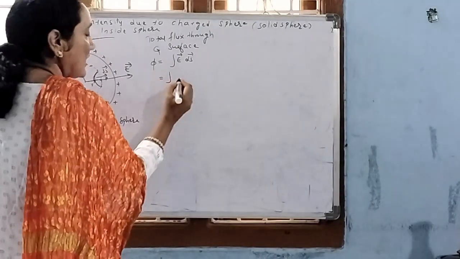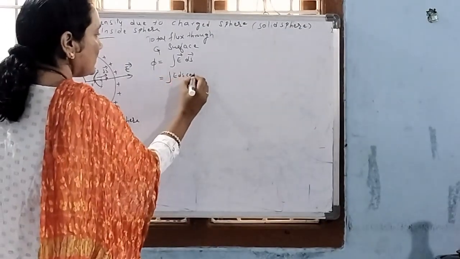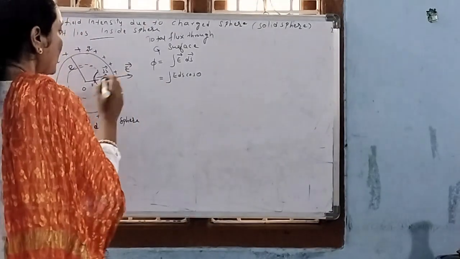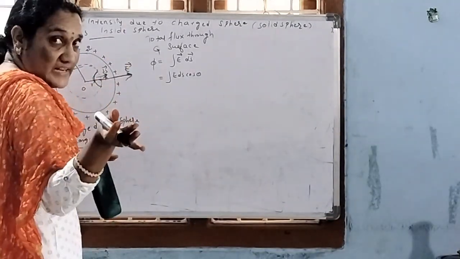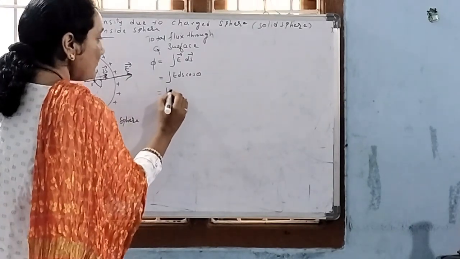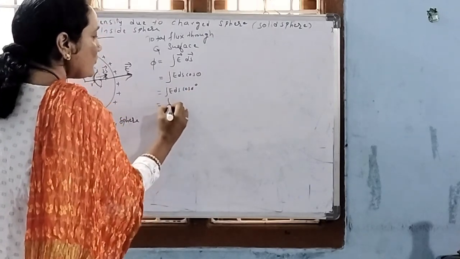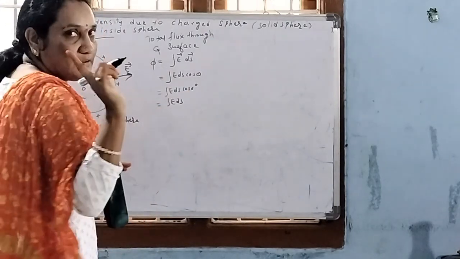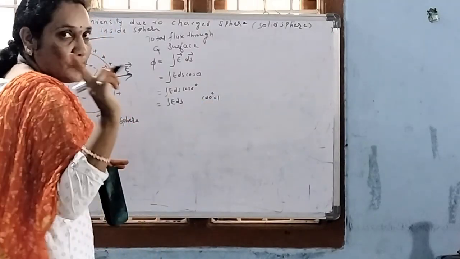Now this, as usual, how we will write? E ds cos theta. Now here the angle, ds and E both are in the same direction, parallel to each other. So the angle will be 0 degrees. And the value of cos 0 is 1.